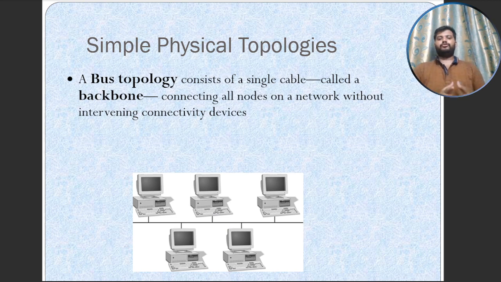Bus topology is the simplest of all the listed topologies. It consists of a single cable called the backbone. As I said, there is a single cable in it, and we call it a backbone. Every node is connected to this particular backbone with what we call a drop.